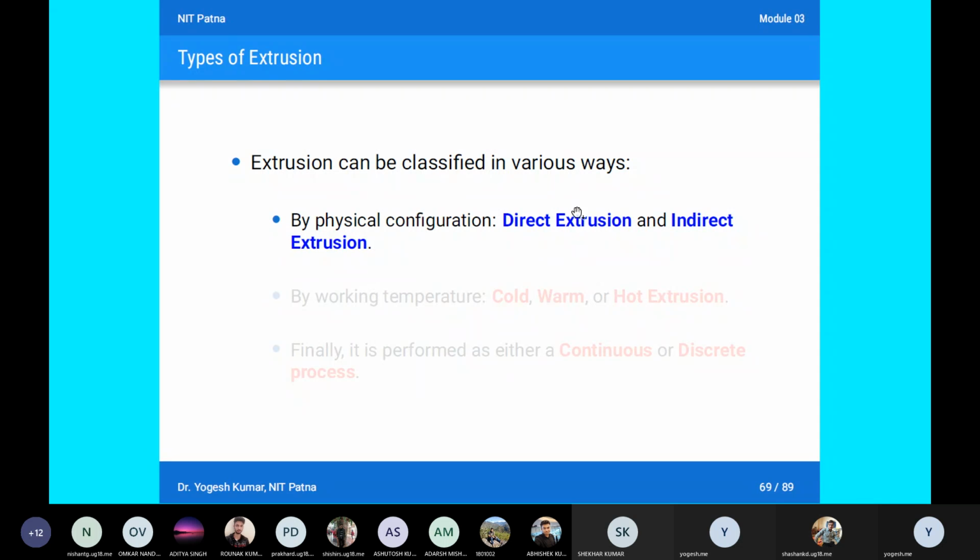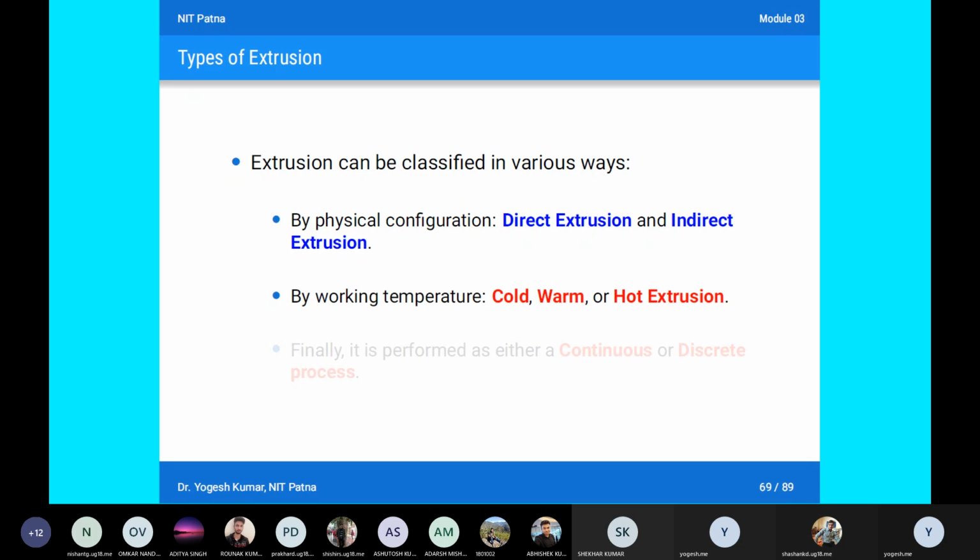Direct extrusion is sometimes called forward extrusion, and indirect extrusion is called backward extrusion. We will discuss in the next slide what direct extrusion and indirect extrusion are.